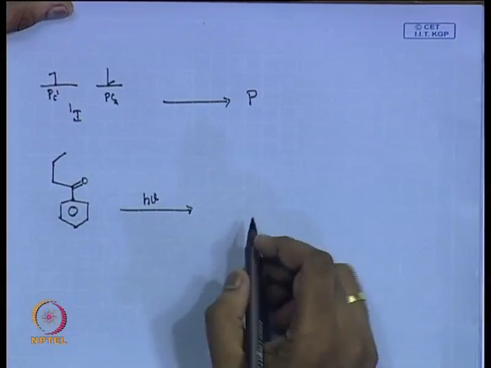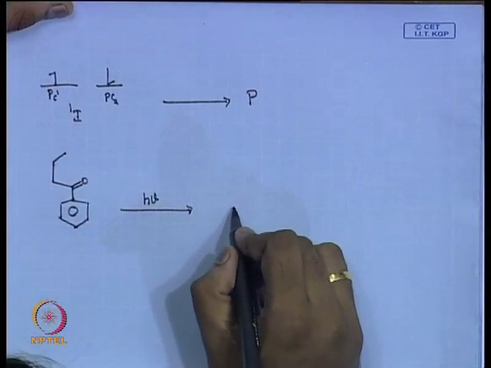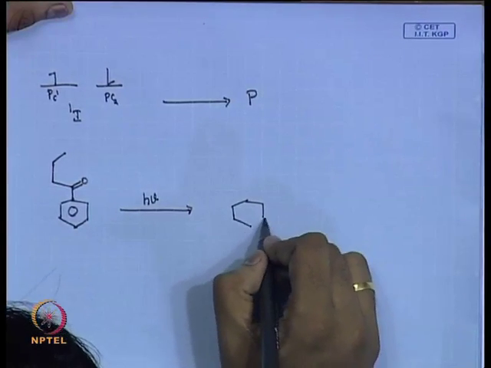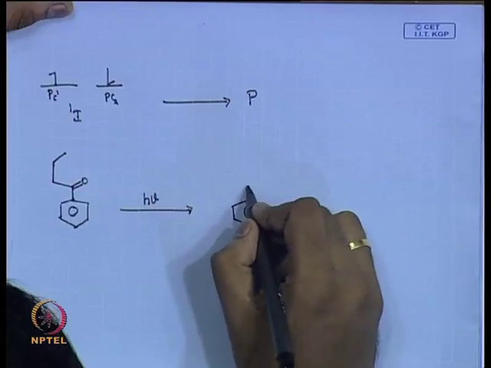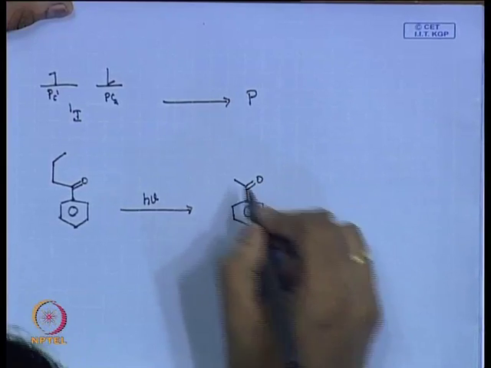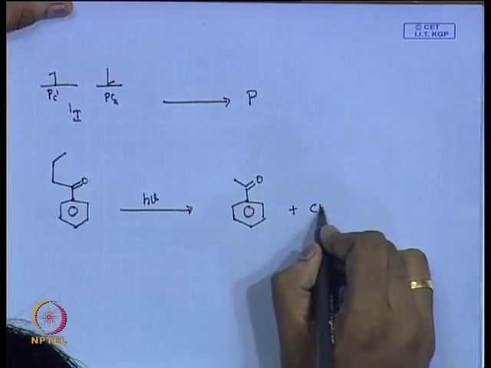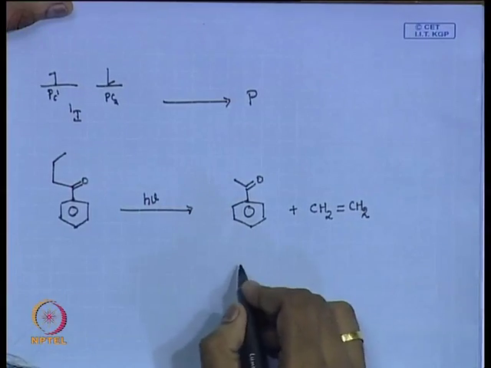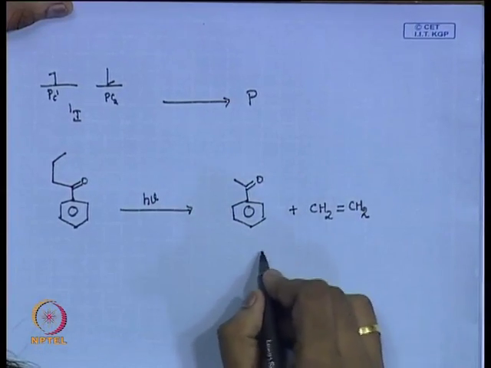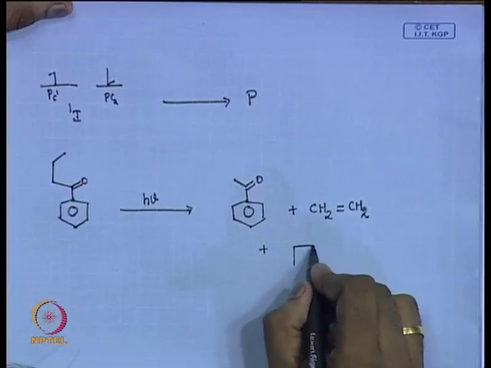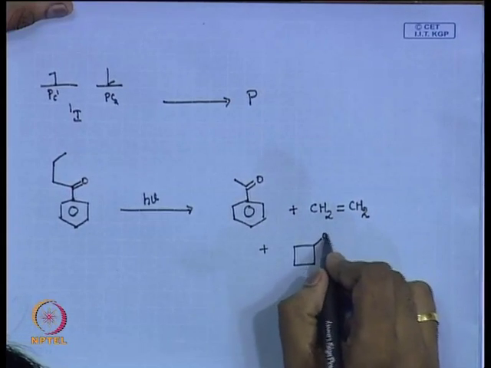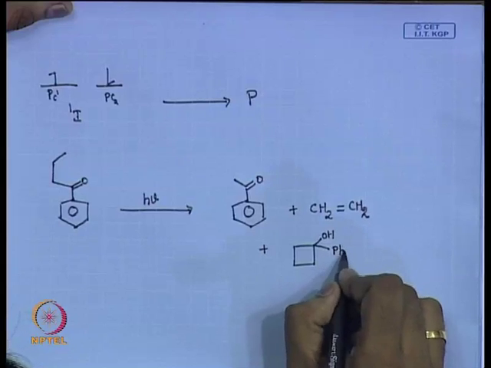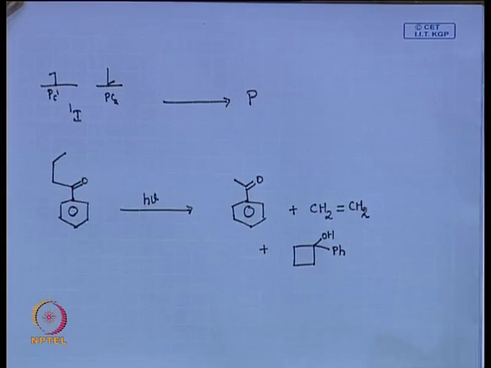Okay. So, what happens? Get this one product and you get. So, this will be your simplest representation of your photochemistry.